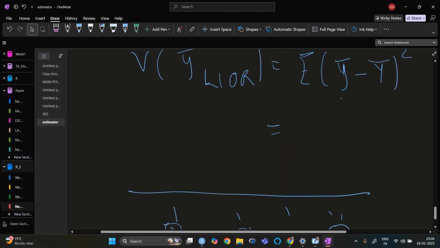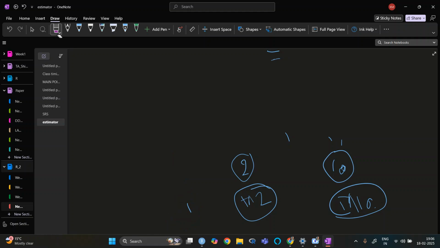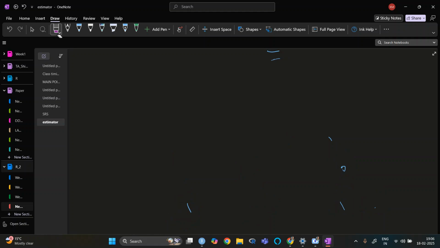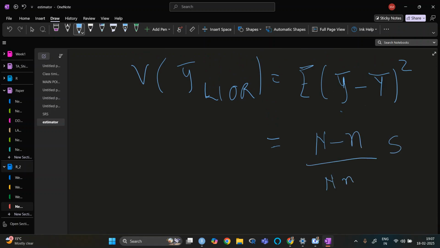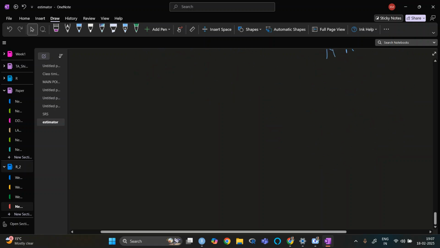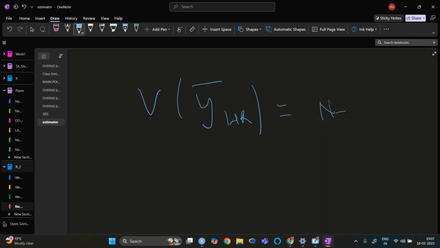Now this one comes out to be (N minus n) upon N n times capital S square. The variance of y bar with replacement is (N minus 1) upon N n times S square.